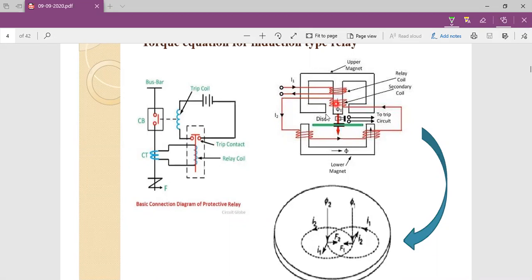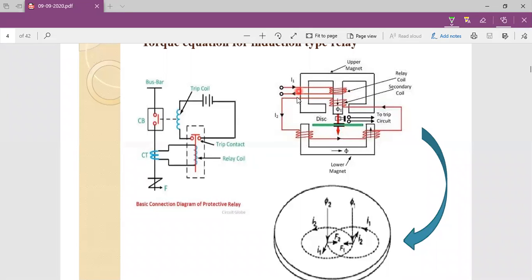I1 and I2 are obtained because of transformer action, and this I2 is not in phase with I1. There is a phase difference between I2 and I1 because these two windings have different resistance and reactance values.